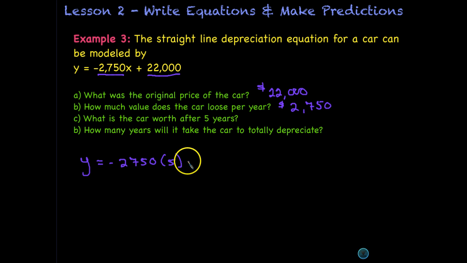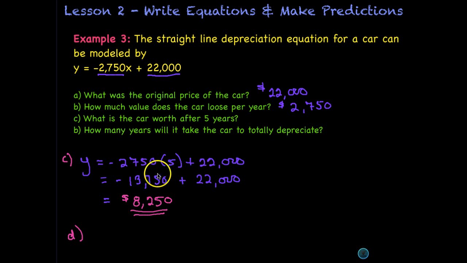So we're replacing x with 5, and then we're going to solve. When I put this in my calculator and I multiply 5 times the depreciation per year, I get total depreciation of 13,750. Now think about what that value represents. That's our accumulated depreciation. And when I subtract that from our original cost of 22,000, I get the book value at the end of 5 years. So that's how we answer C.